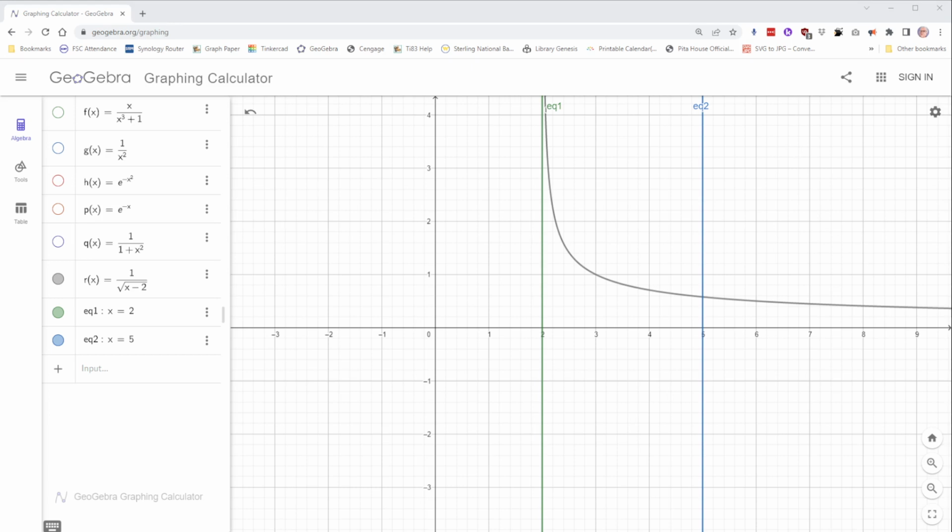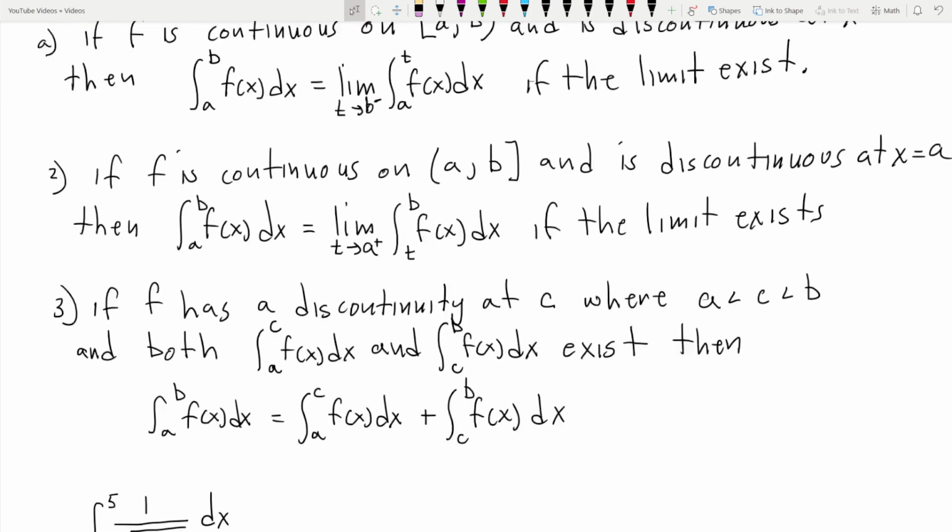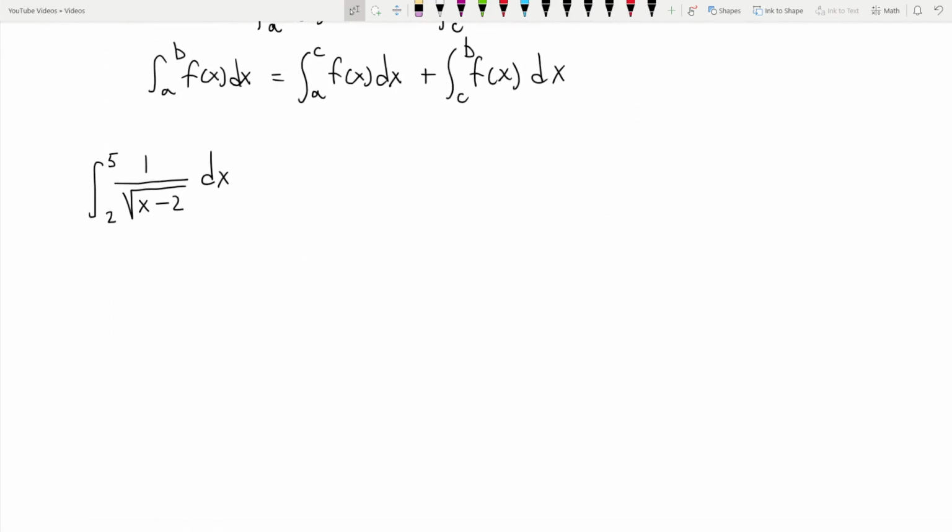With that in mind, I guess I need to go back to the board. We're going to be using the second part of the definition, when the left-hand bound is infinite. So this is going to be the limit as t approaches 2.